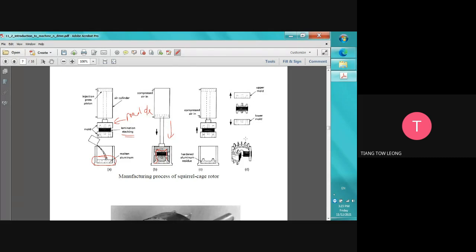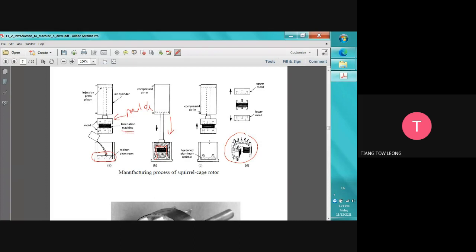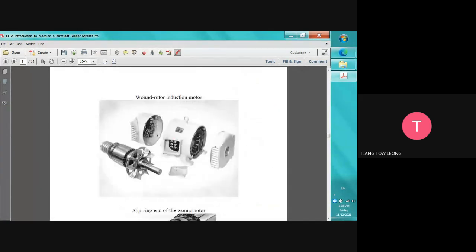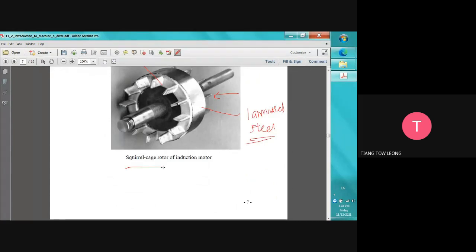Then we take it out, and it becomes like this. So the process is quite easy. Now this is the thing. This one is aluminum. Then this is laminated steel. Why? We want to reduce the eddy current loss. It's called the squirrel cage induction motor.